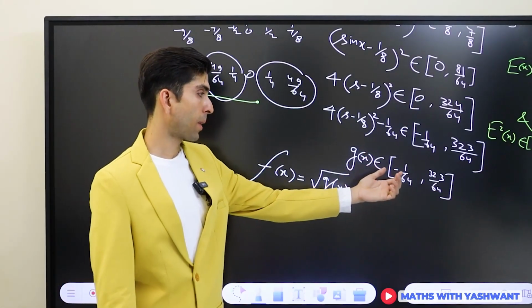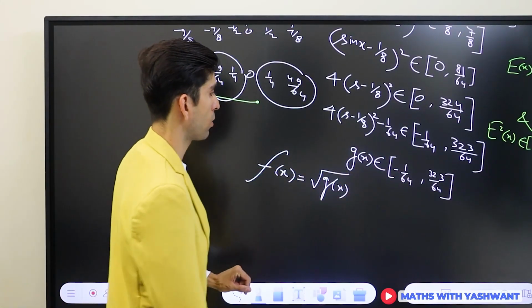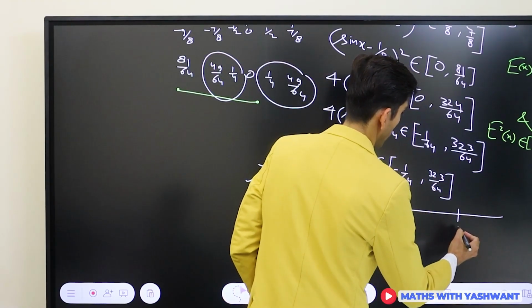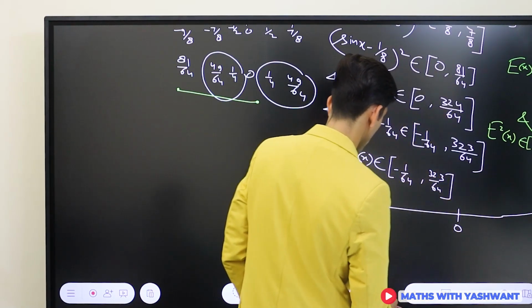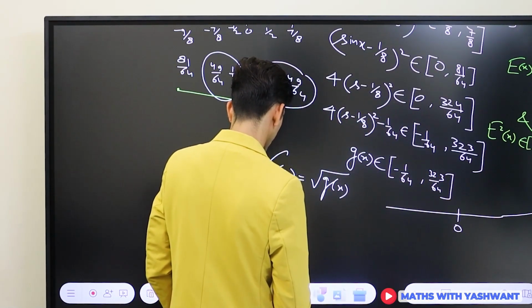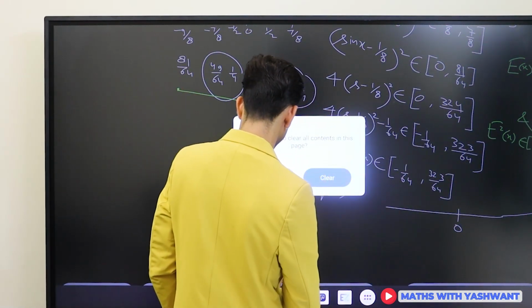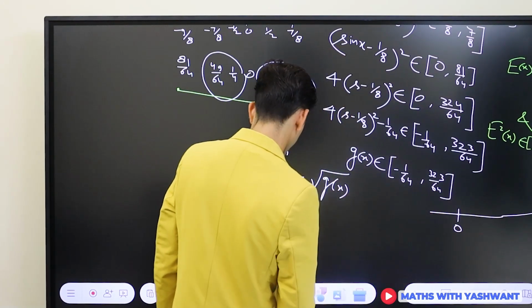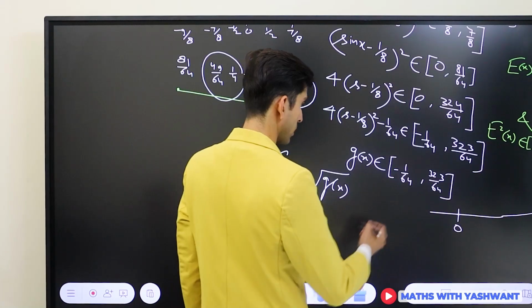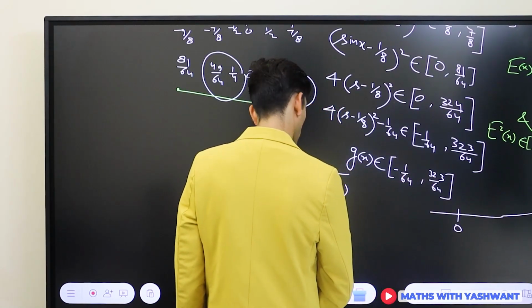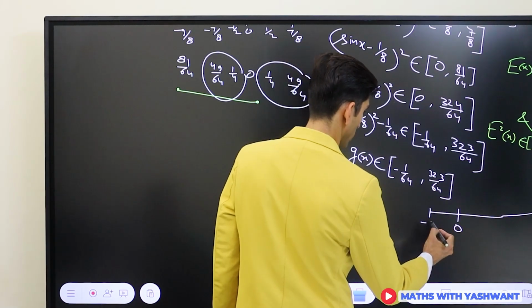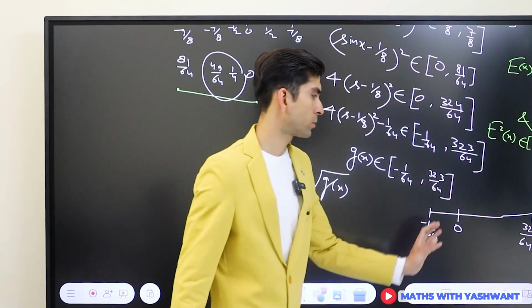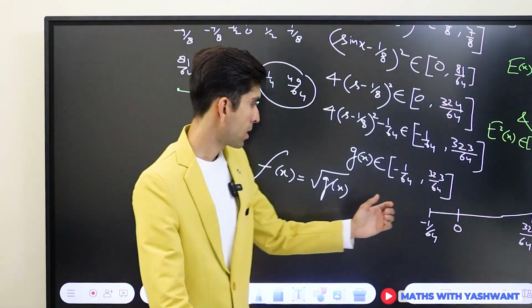But my dear friends, you see a negative sign here. Let's represent the elements of the range of g of x on the number line. So we have 0 here, and on the right, this portion should be a little larger, because the number line is extending from negative 1 by 64 to 323 upon 64. 323 upon 64 will be much far away from 0, and negative 1 by 64 will be very close to 0.